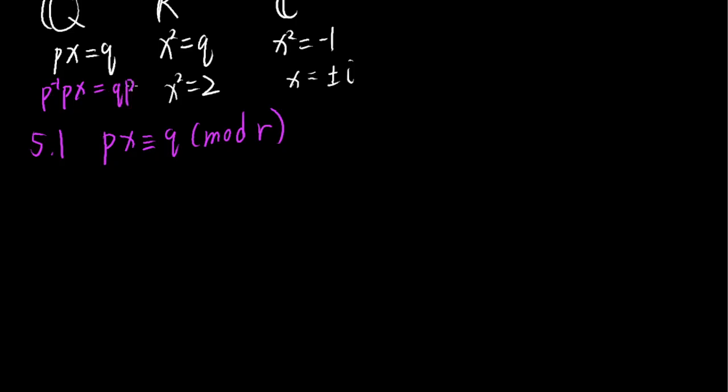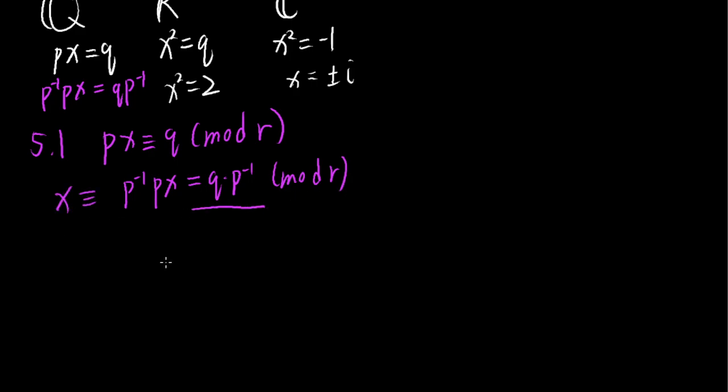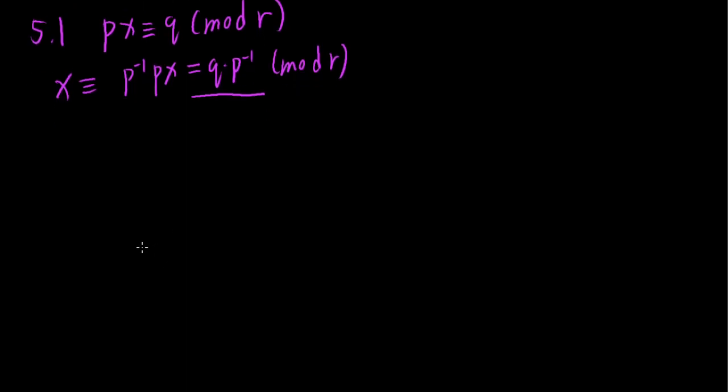Similarly, we know that every p has an inverse here, so we take the inverse, and we solve this equation, which is x is congruent to q times p's inverse.